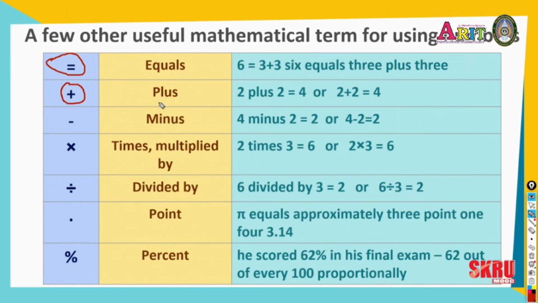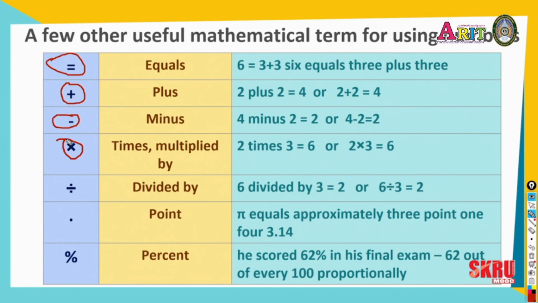So we say plus. 2 plus 2 equals 4. A dash, minus. 4 minus 2 equals 2. We also use that when we talk about negative numbers. In a country where we have lots of snow, the temperature drops below 0. It's minus 10 degrees outside. So we use minus in that way as well.